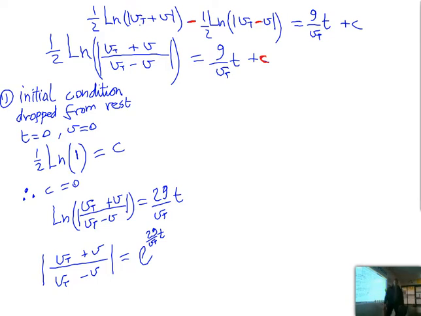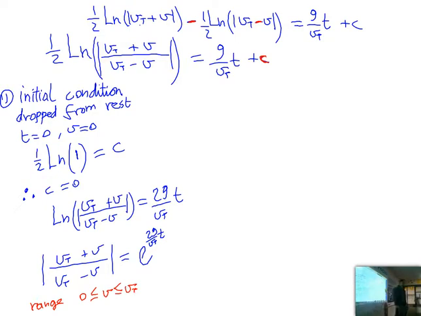Now, in this situation where we're dropping the ball from rest, velocity begins at 0 and increases up to some maximum velocity. So what's the range on our velocity? 0 to the maximum terminal velocity.